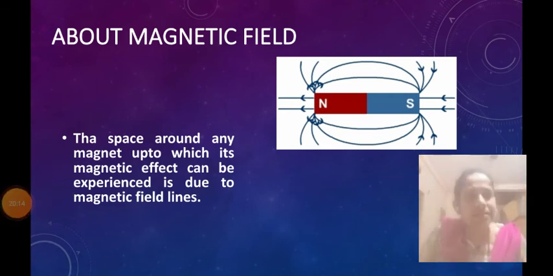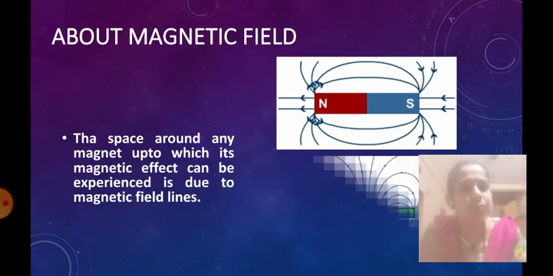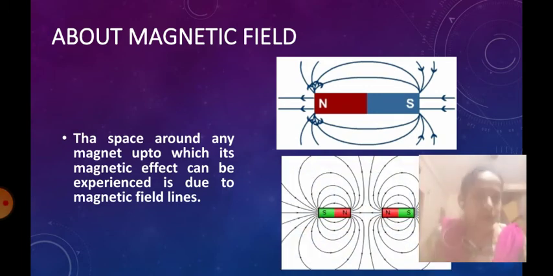The next thing is that magnetic field lines will never intersect each other. You can see over here there are two magnets, and each one of them has its own magnetic field lines, and when these two magnets are brought together, they have their own concentric field lines. Correct?